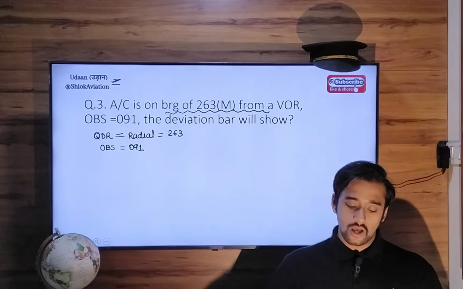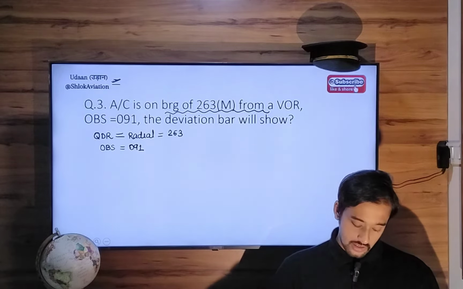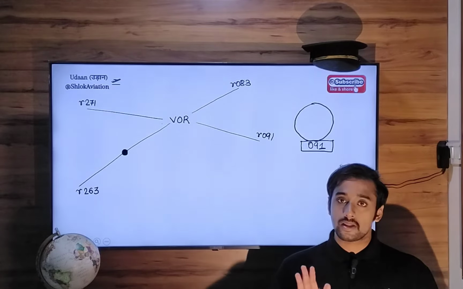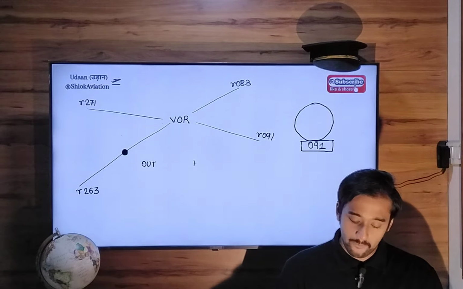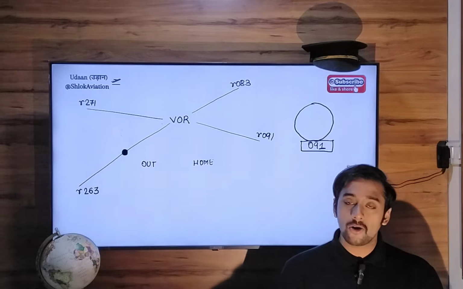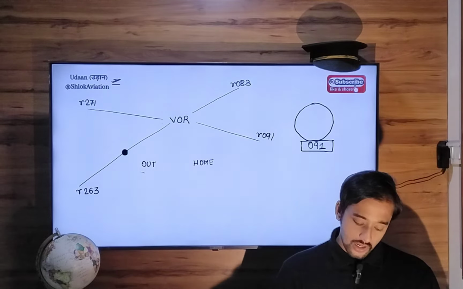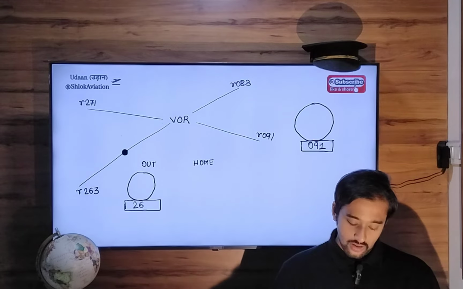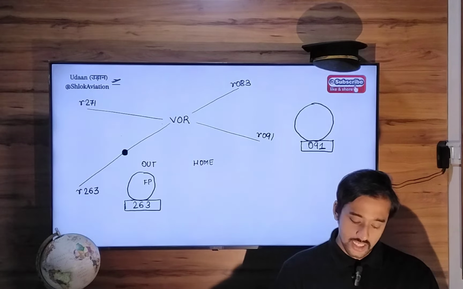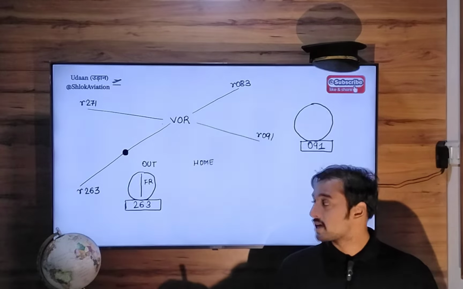Okay, so now what will the deviation bar show? There are two possibilities: going outbound and going homebound. Going outbound, the pilot should have put a setting of 263, and he would have gotten the CDI needle in the center.